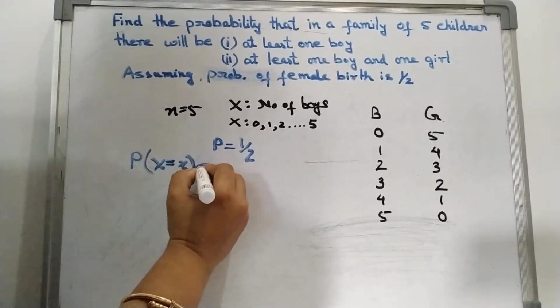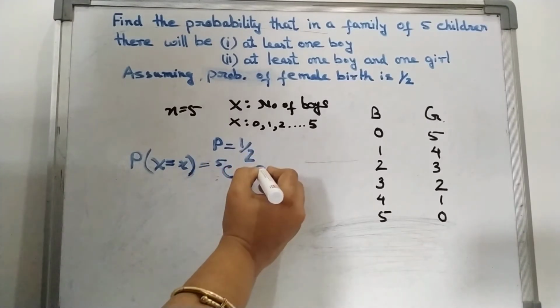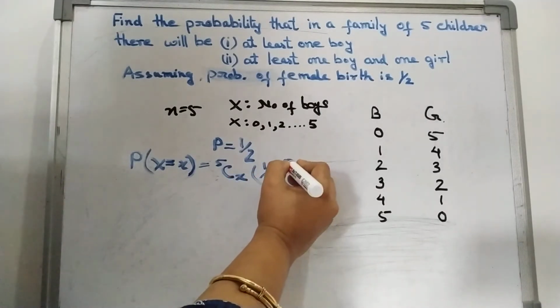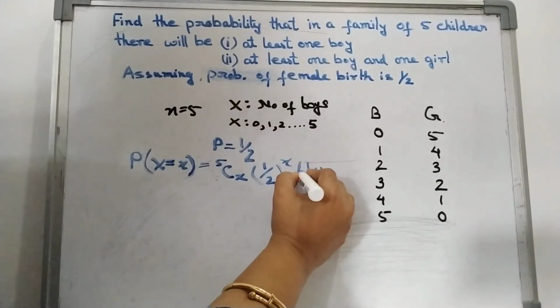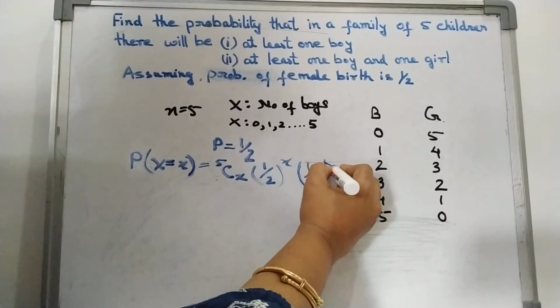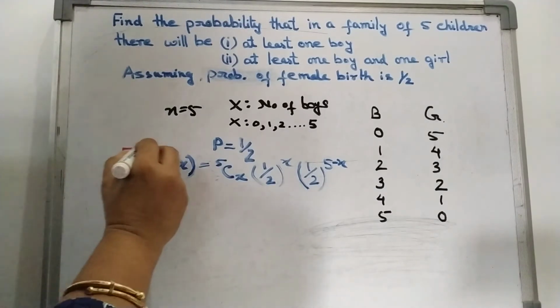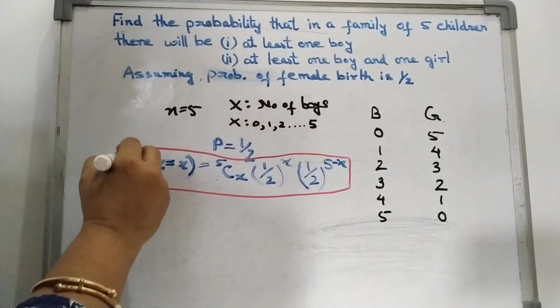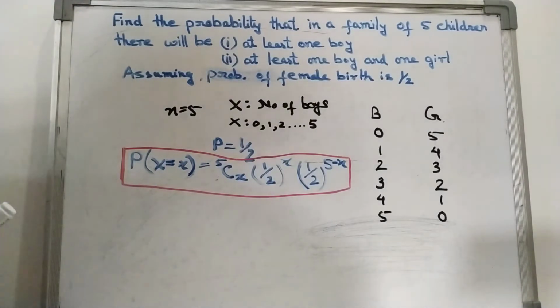N is 5, so it will be 5Cx, p is half raised to the power x, q is again half, raised to the power n minus x, that is 5 minus x. This is our probability mass function, and we use this to find the value.